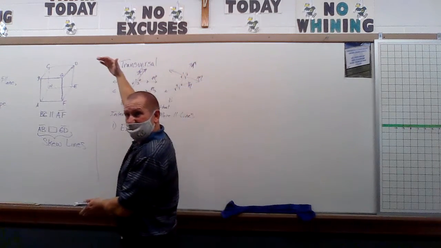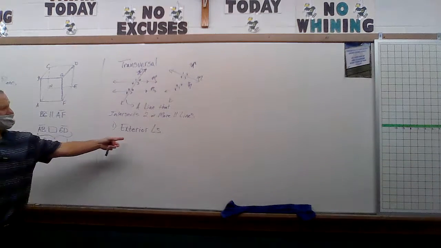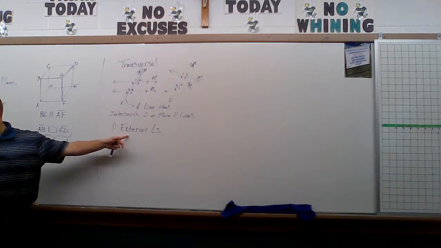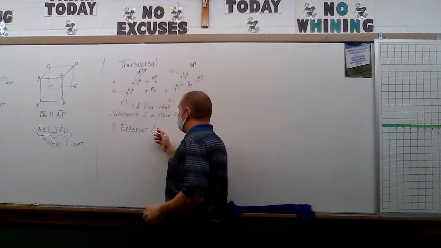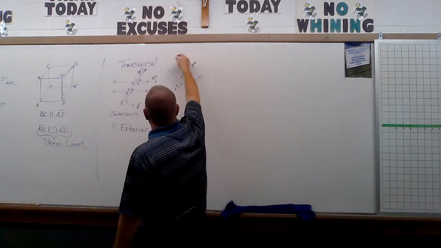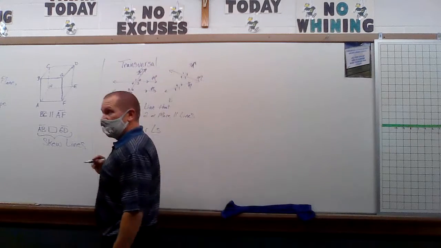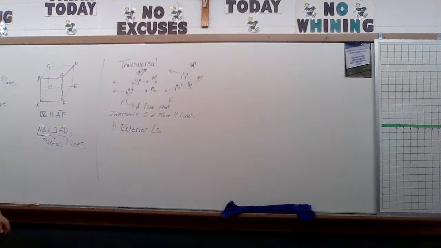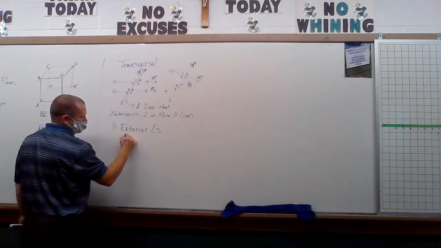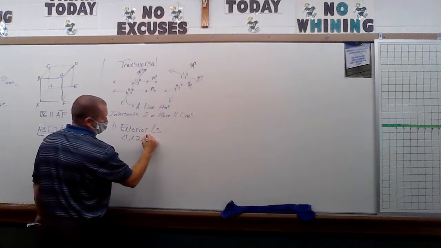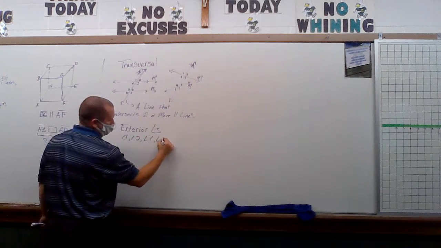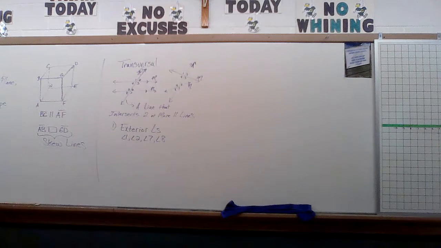Would that make sense to everybody? So exterior means what? Outside, right? So we want to name the exterior angles of either group. What would you say? What are the exterior angles? Angle 1, angle 2, angle 7, and 8. Everybody agree? Okay.